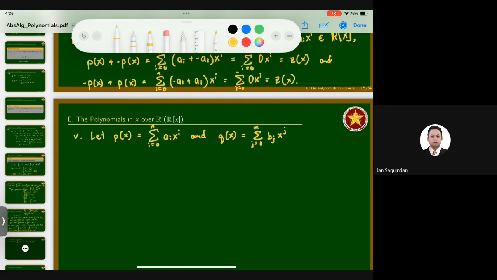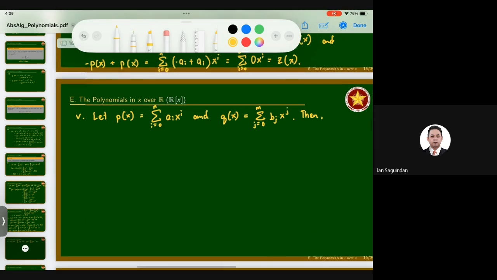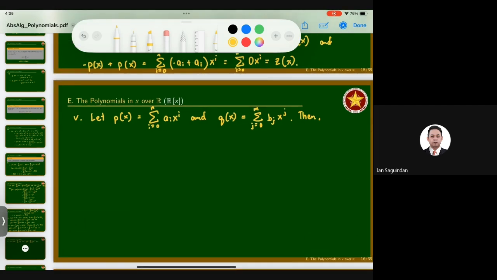So for example, if you do not wish to use n and m, you wish to use other letters, make sure that you are consistent with all of your notations. It just so happened that for most of the literature, they are using these notations. So at least it won't be difficult for you to read. Okay, so we proceed with the sum p of x plus q of x according to the definition.